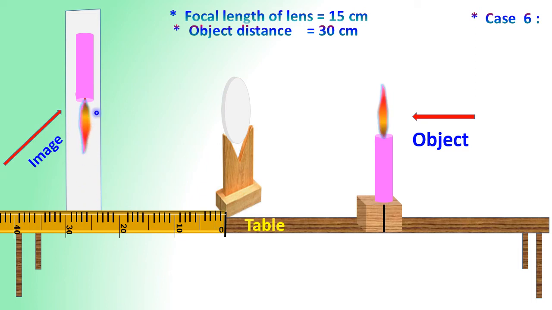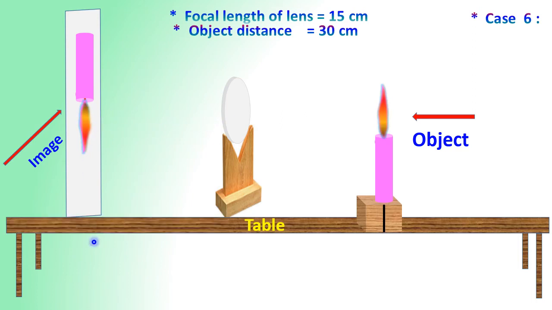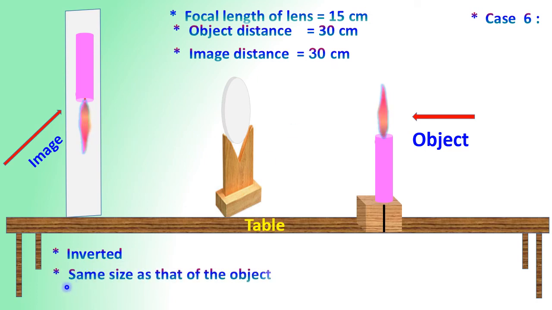That means image has been formed at the center of curvature on the other side of the lens. So image distance equal to 30 centimeters and it is inverted, same size as that of the object and real. These are the properties of the image formed.